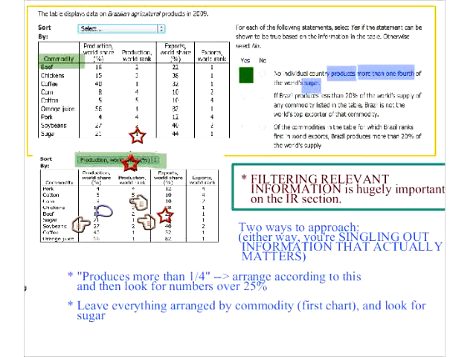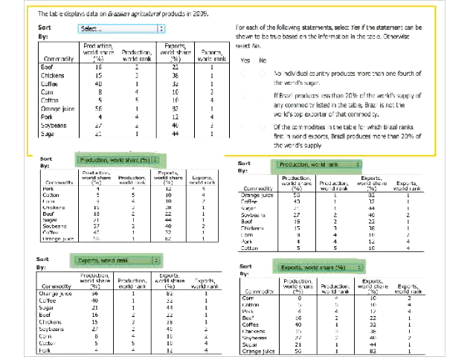Otherwise, let's look at the next part. Okay. Now let's look at this. If Brazil produces less than 20% of the world's supply of any commodity listed, Brazil is not the world's top exporter.